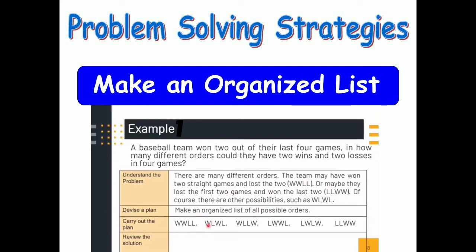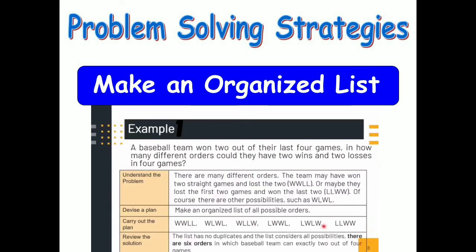Maybe sa una panalo sila, for the next is talo sila, and the third is panalo, and the last is talo sila. Or pwede rin panalo sila sa una, sa second, third is talo sila, and the last is panalo sila. Or in this order. So in our observation, we have 6 orders.